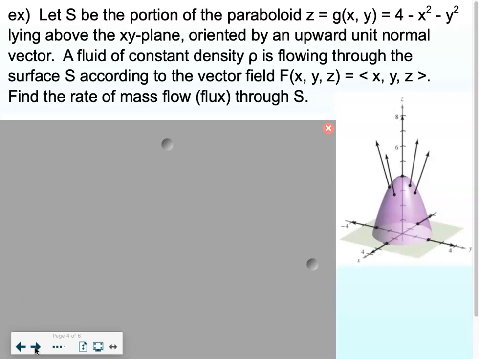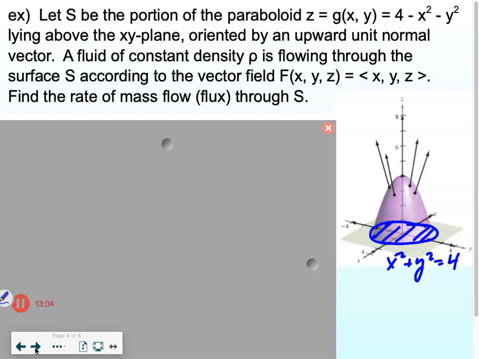Now, I wrote this first with respect to x and y. So this circle is the projection of your surface onto the xy plane. You can find that by just setting z equal to 0, and you get x squared plus y squared equals 4.